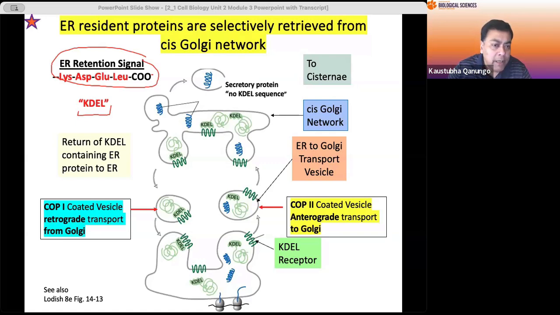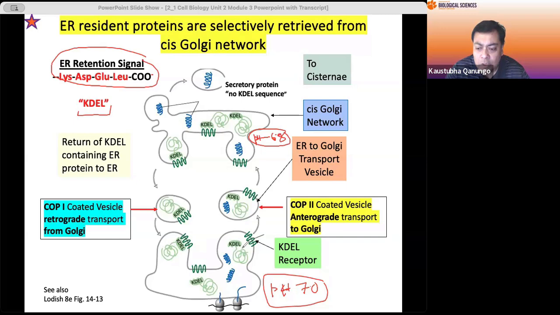So the first thing is that the pH in the ER is about 7, almost neutral, whereas in the Golgi the pH is approximately 6.8, 6.7, slightly acidic. Even that 0.2 is a big deal for enzyme interaction. So at pH 7, all these soluble KDEL proteins do not interact with the KDEL receptors. Remember that KDEL proteins are not a single protein.